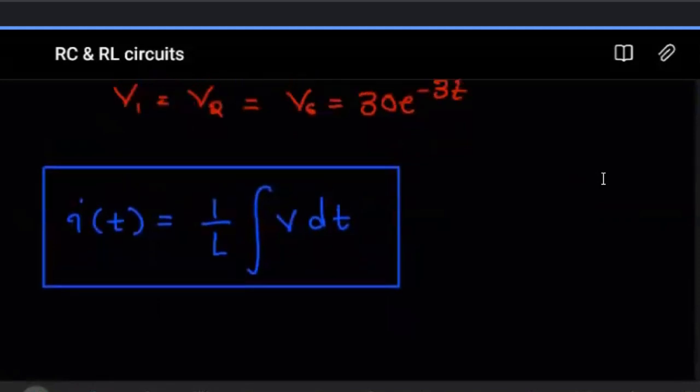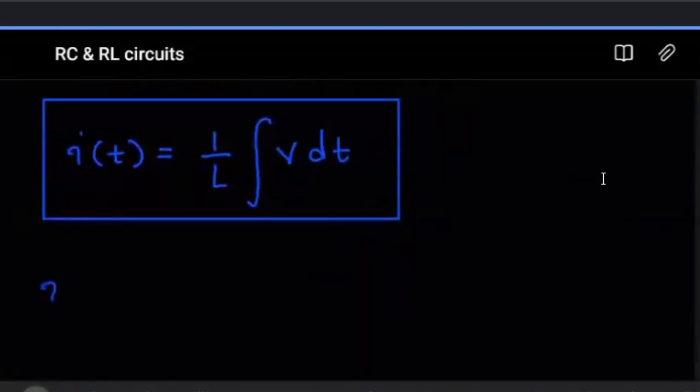Now, if we wanted to find I1, all we need is the voltage across L1. So this becomes 1 over the inductance of L1, and then we integrate from when the switch is turned the other way until when we are actually observing it.